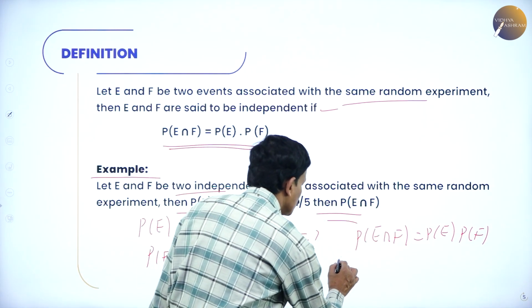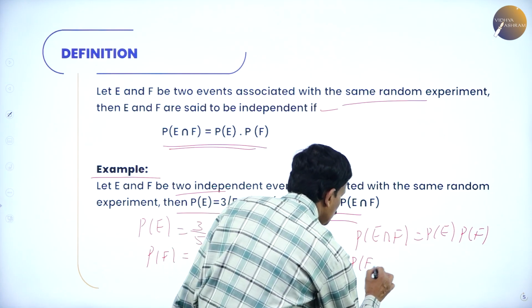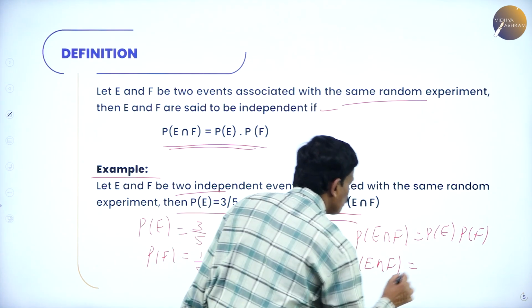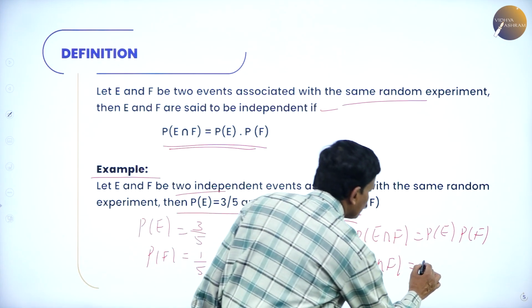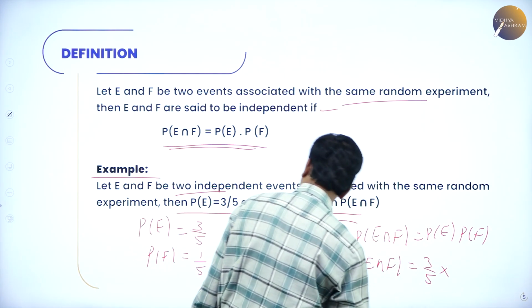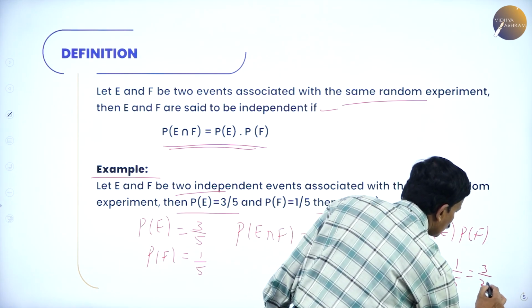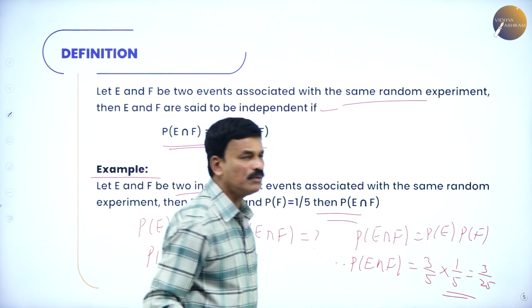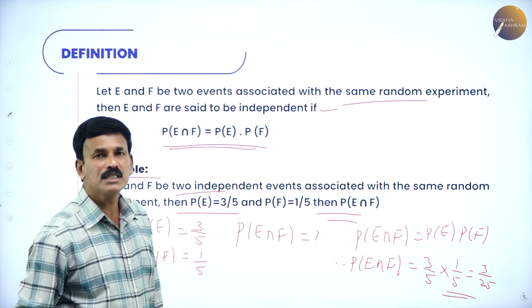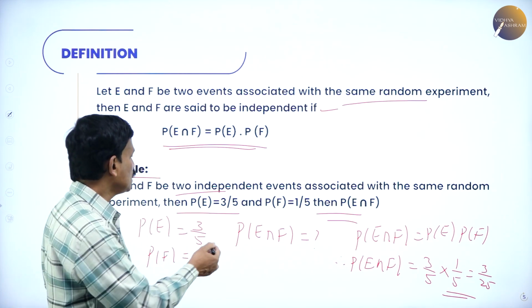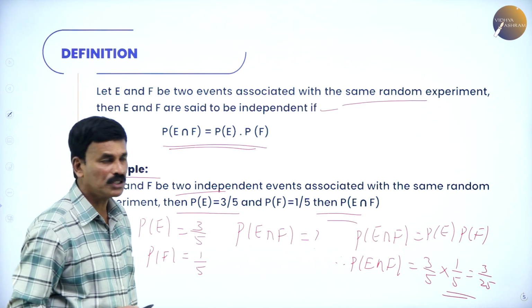So the probability of E and F is 3 by 5 into 1 by 5, that's equal to 3 by 25. So 3 by 25 is the probability of E and F in case of these independent events.